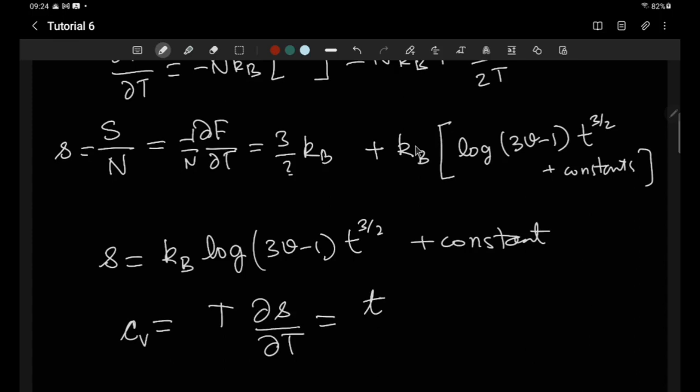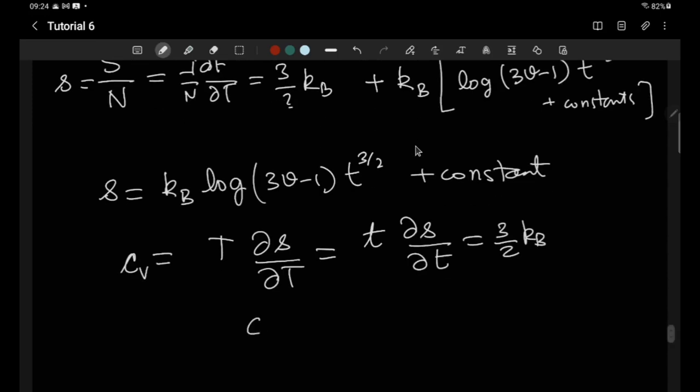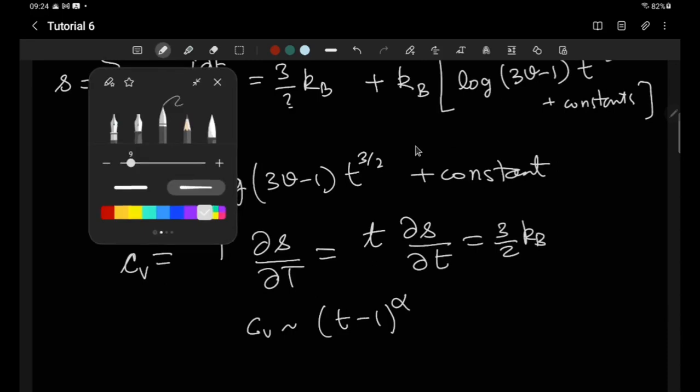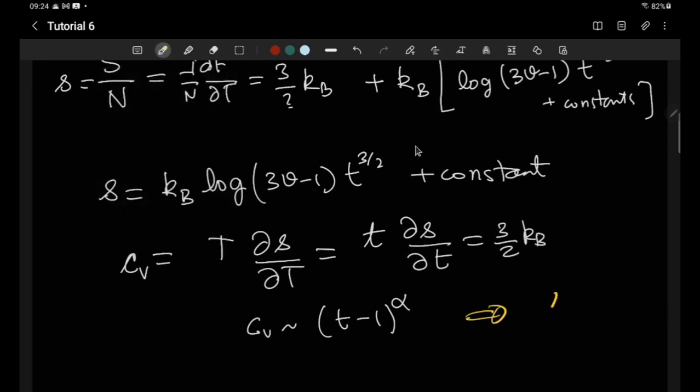The operative thing is just 3 half log T, so it will be 3/2 kB. Log T will give 1 by T times T, which is 1. So this is a constant, just 3/2 kB per particle. And Cv is supposed to be T minus 1 to the power alpha, but it's going to a constant. So this implies alpha is equal to 0.